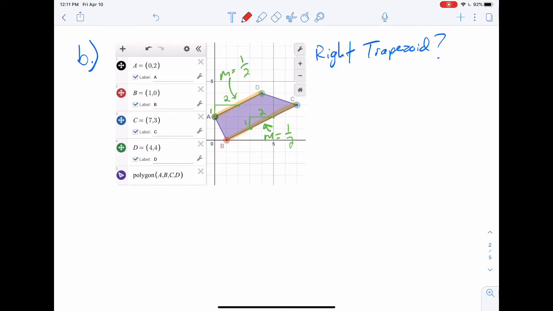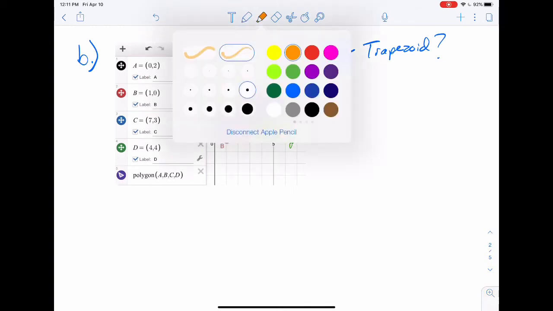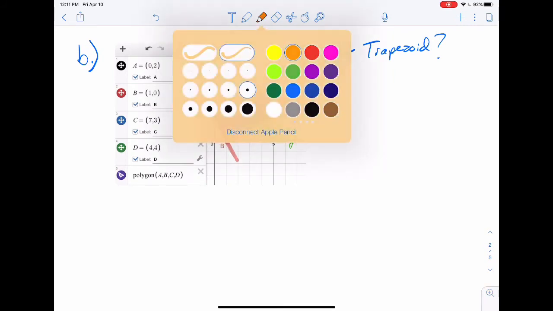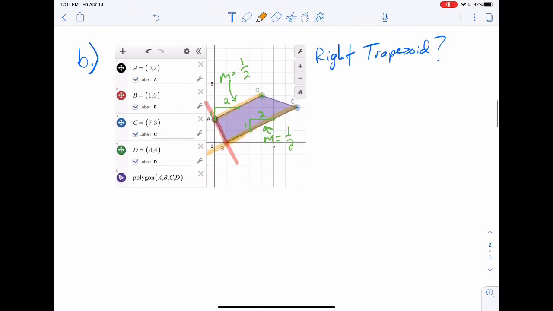Hopefully you found in order to prove lines are perpendicular, slopes have to be opposite reciprocal slopes. So this and these have to be opposite reciprocals.